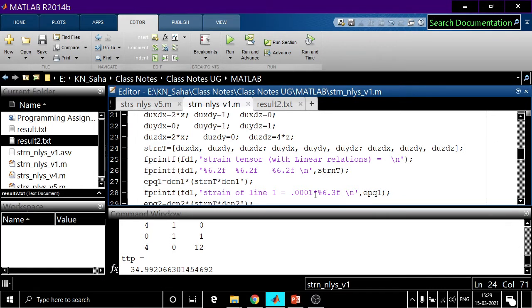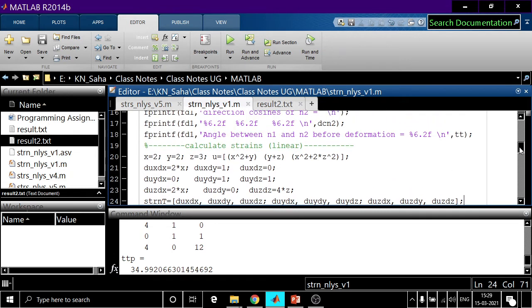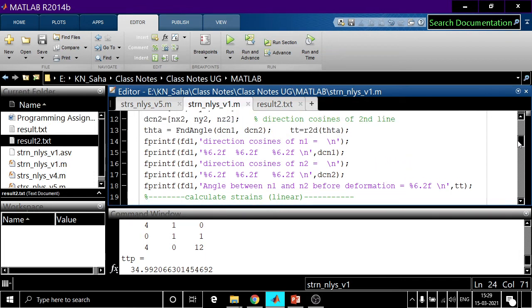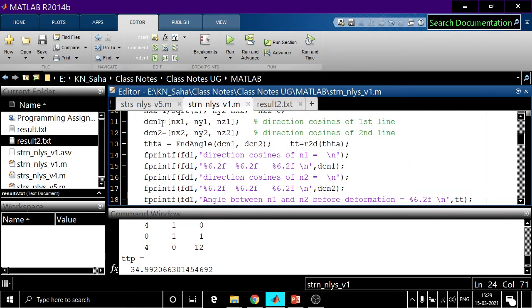So what is that v vector actually? This is the vector of direction cosines, which we created already. Here we had the vectors dCn1 and dCn2, the direction cosines of the two lines.